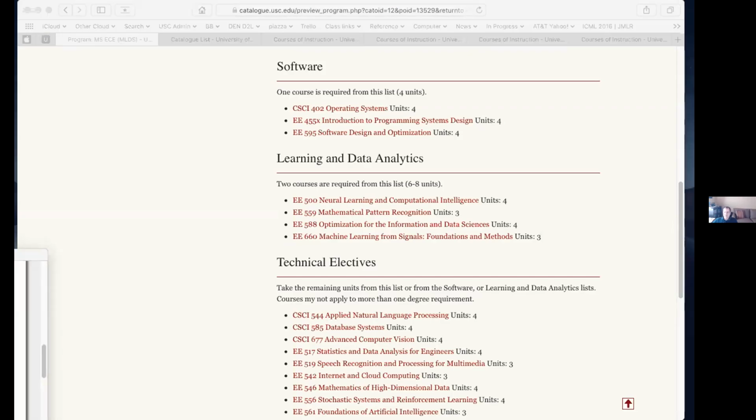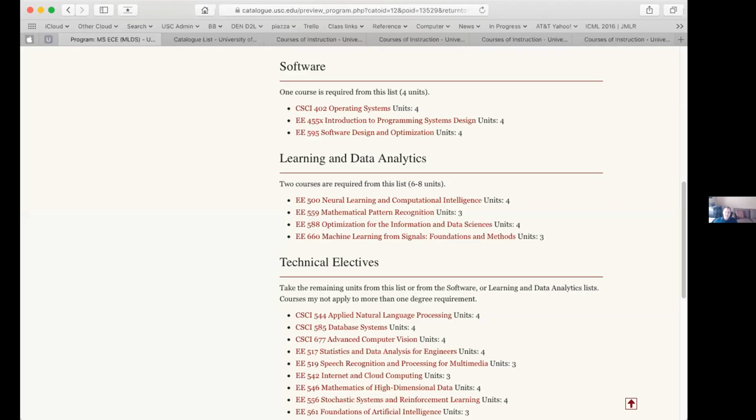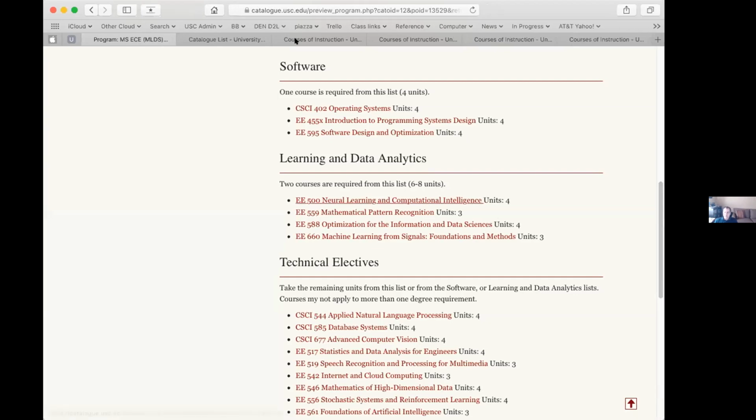It's an object-oriented class. Or you could take EE 595, which is usually taught by Professor Shaheen, Software Design and Optimization, which is based, I believe, on C++ or C, and involves things like multi-threading, mutex, that kind of more low-level details than you typically see in 455.